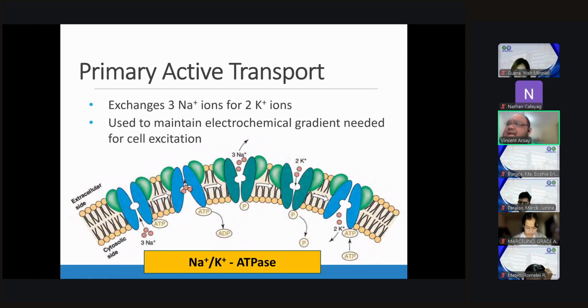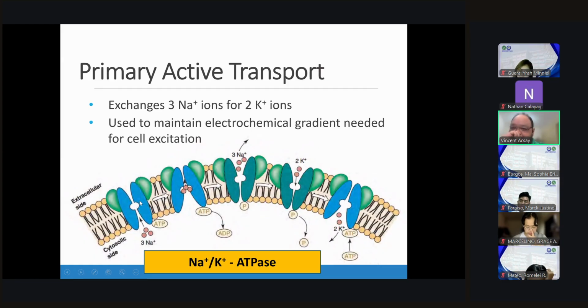The function of NAK ATPase, or sodium potassium adenosine triphosphatase, is that it exchanges three sodium ions out when two potassium ions enter.